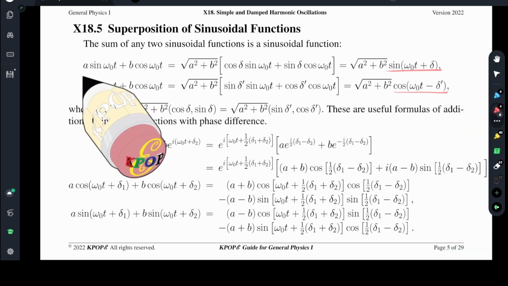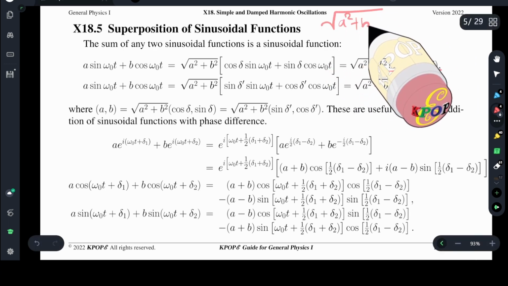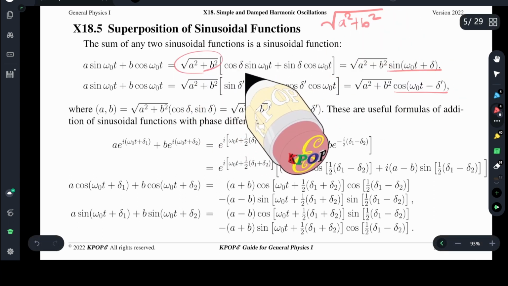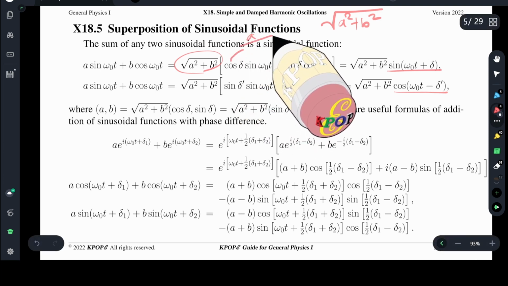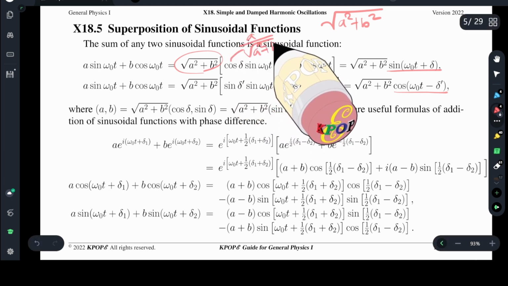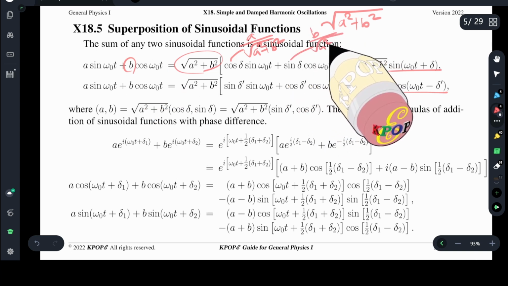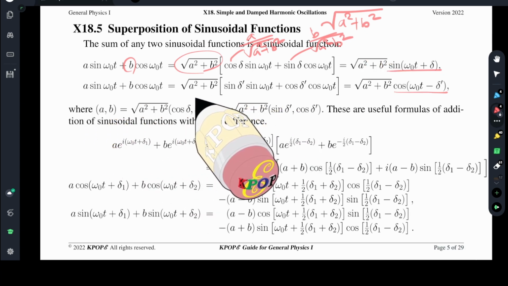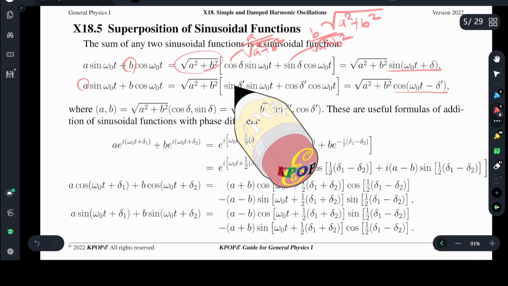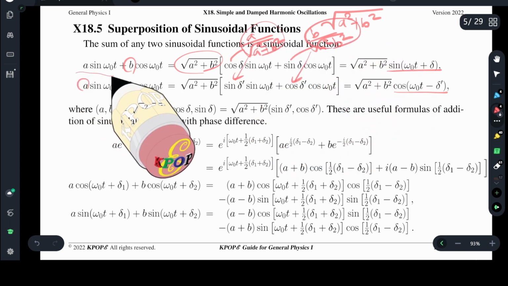This is the way. First, let us pull out the magnitude. If we multiply outside, we need to divide inside. So this one is a over the square root of a squared plus b squared, and this one becomes b over the square root of a squared plus b squared. In a similar manner, this one is still the same. We cannot change this original value.